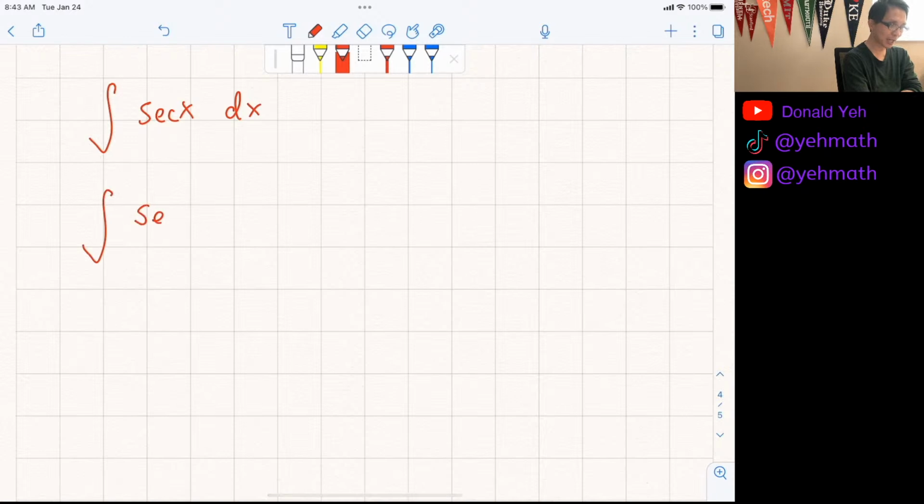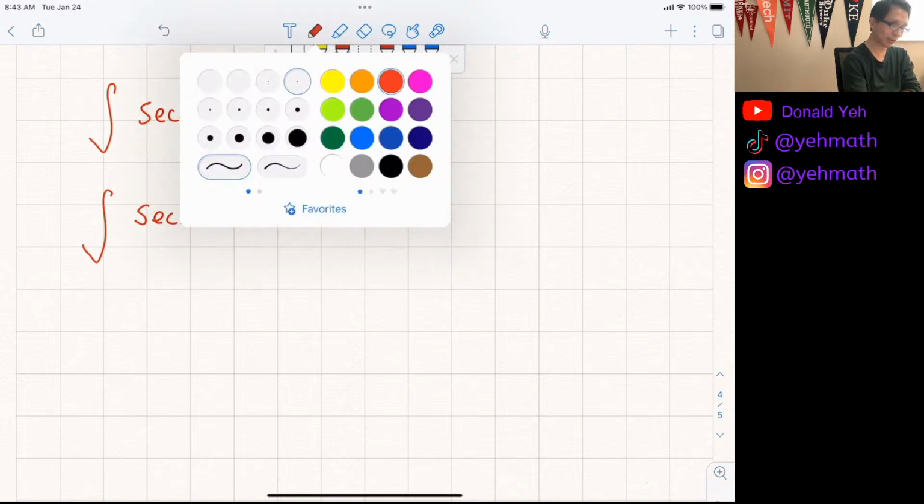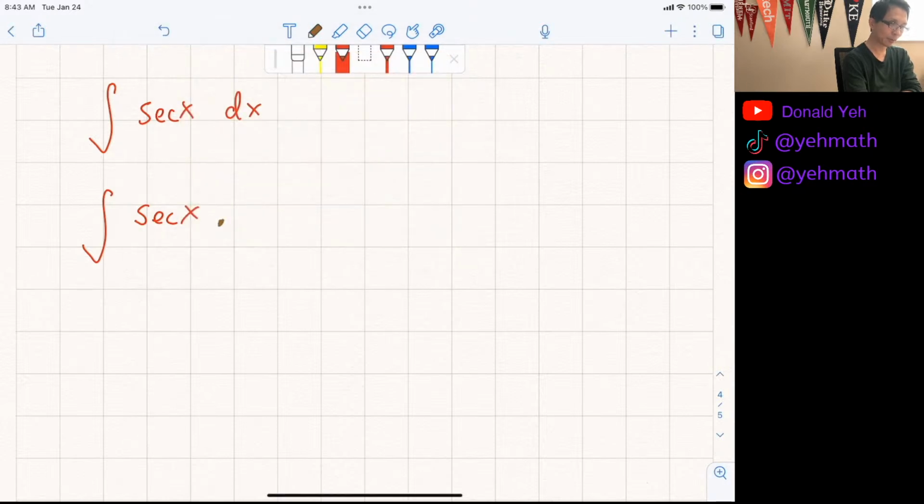Secant of x, and they decide to multiply this by secant of x plus tan of x. And you're like, why? Not only that, if you multiply by secant of x plus tan of x, you actually change this fraction. So to avoid that, we divide by secant of x plus tan of x.